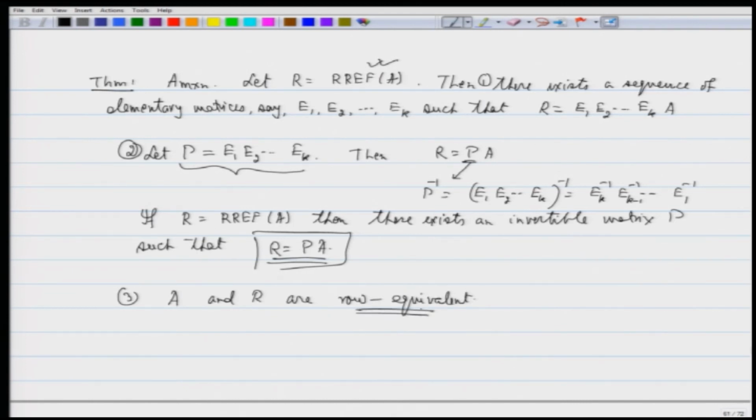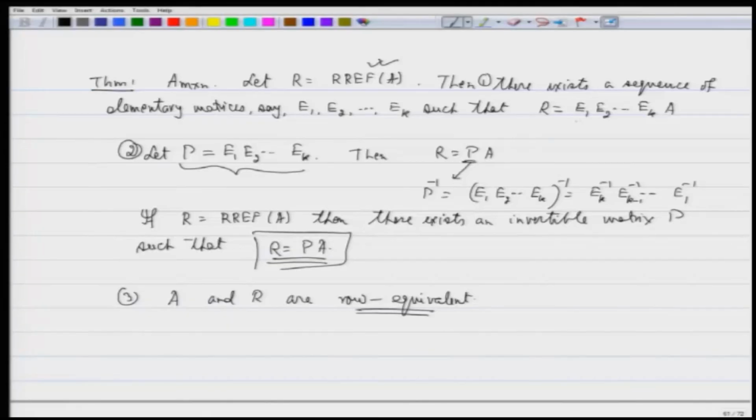Go back to the definition: A and B are row equivalent if I can obtain one from the other by multiplying on the left by elementary matrices. This is what we have got. We have obtained R by multiplying elementary matrices on the left of A, and therefore, the matrices A and R are row equivalent. And whenever you have row equivalence, the solution set does not change.